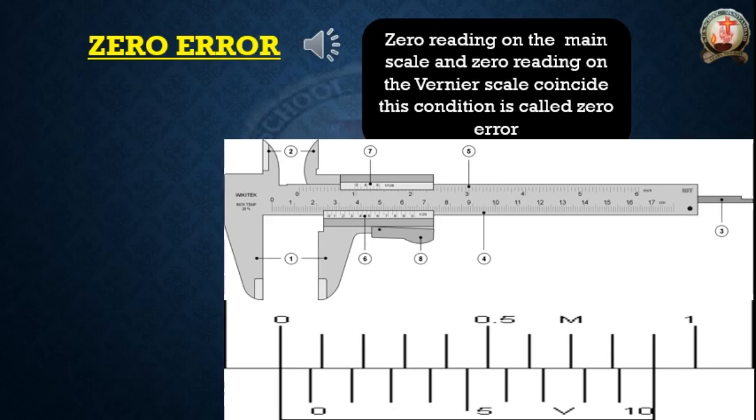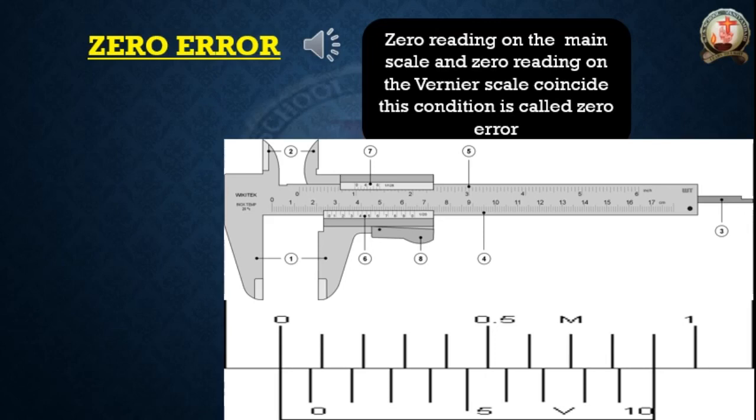That means I brought the lower two jaws and upper two jaws together. Whenever the jaws are kept in initial position, zero reading on the main scale and zero reading on the vernier scale coincide. For our convenience, I gave here both the scales, the main scale and the vernier scale. So please see the second figure that I have mentioned here.